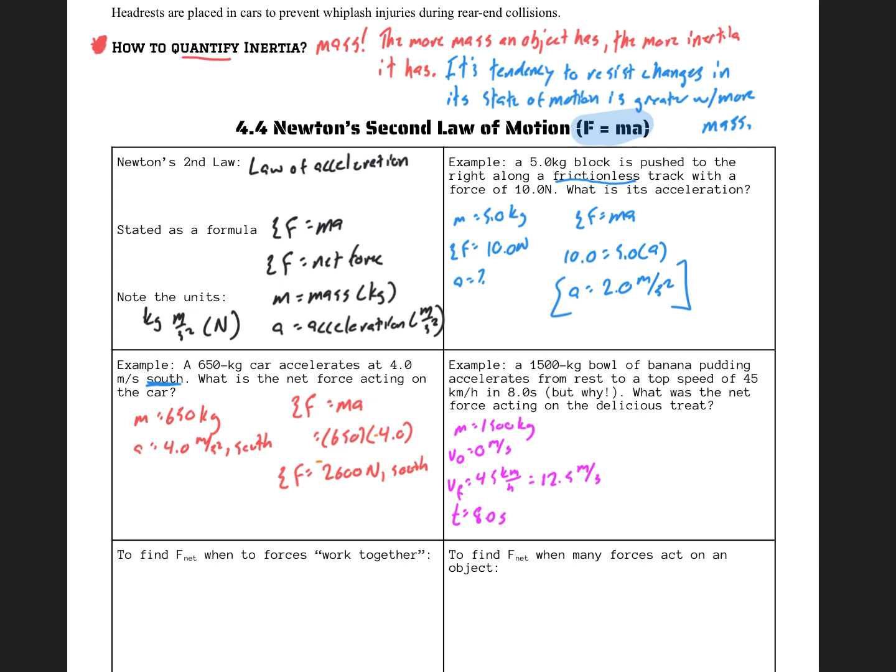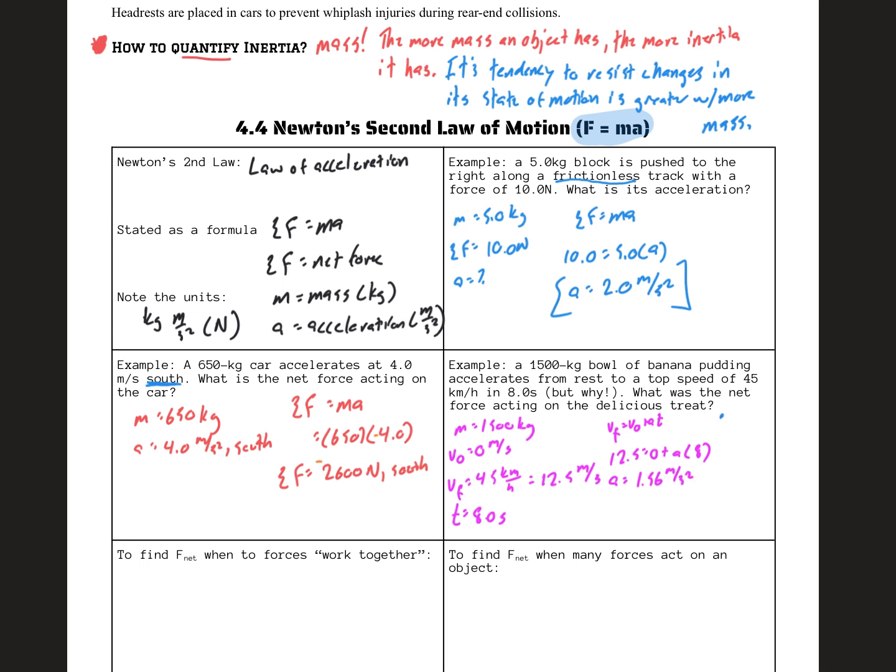For this question, I would use the first kinematic equation to figure out what the acceleration was. So 12.5 equals 0 plus acceleration, that's what I'm looking for, times 8. So the bowl of banana pudding is accelerated at 1.56 meters per second squared.